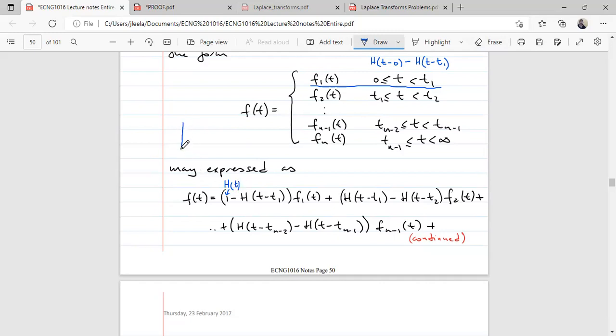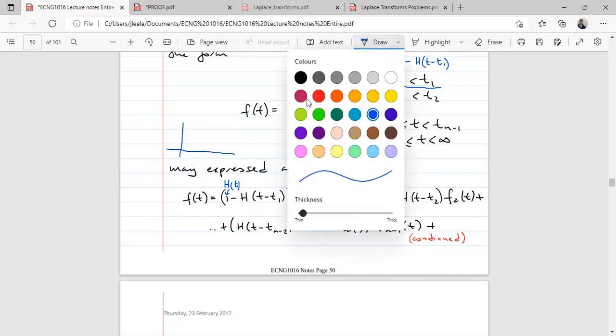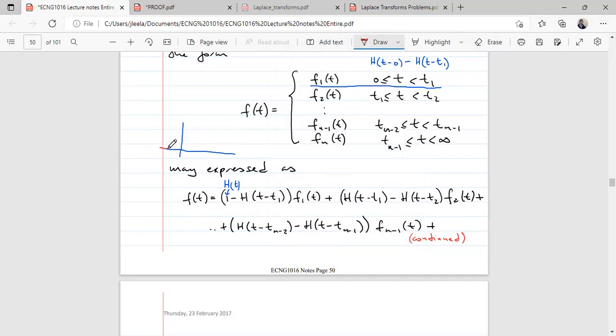So this works out to just be the Heaviside at t. Right, so if I draw a little graph here to illustrate the Heaviside, right? And let's say the graph, you know, we define is 0, anything, so this is your 0 here, right? And anything greater or equal to 0, it could be 1.